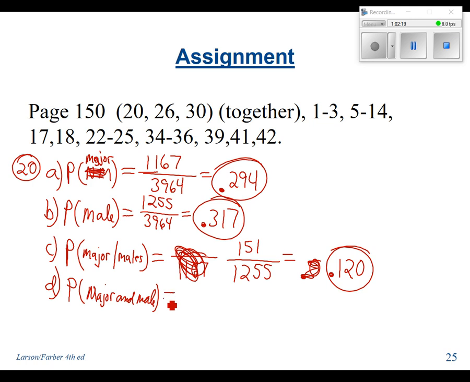No, because now we're picking out of what pool? The whole thing. So how many total students did we have? 3,964. And how many of those were nursing majors and male? 151. Somebody divide that for us.